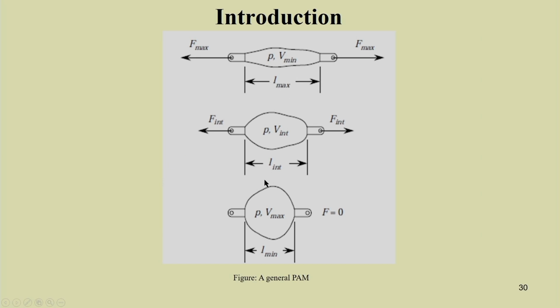This is the L max, this is the L intermediate, and this is the L minimum. Here the force is equal to 0, then you have an intermediate force here, and here is the maximum force you are applying. This is for a general PAM, and in this way you can do the study.